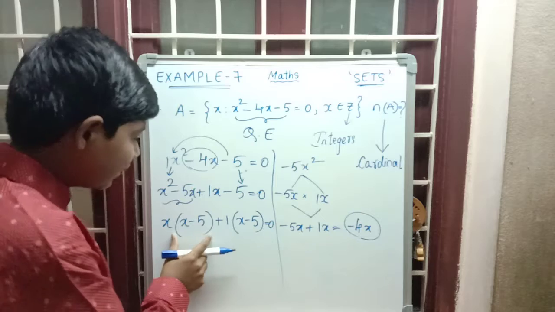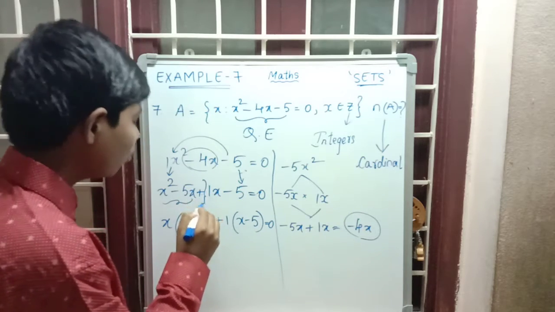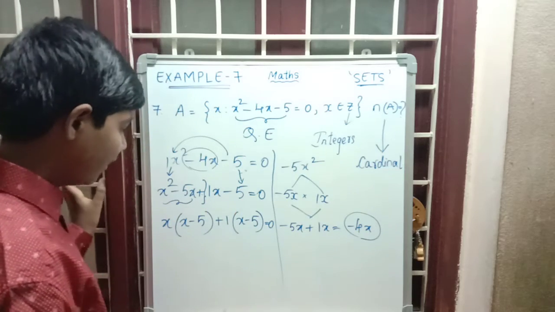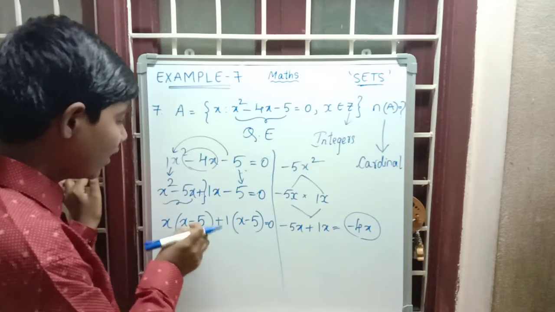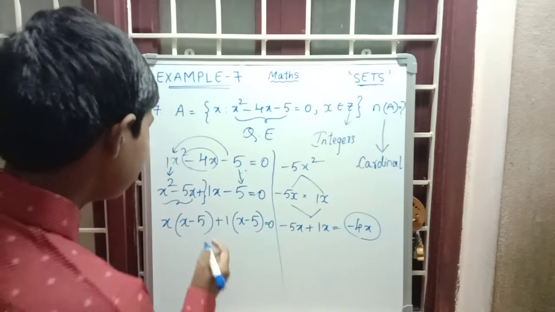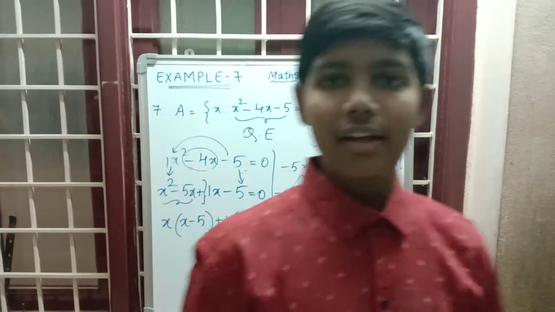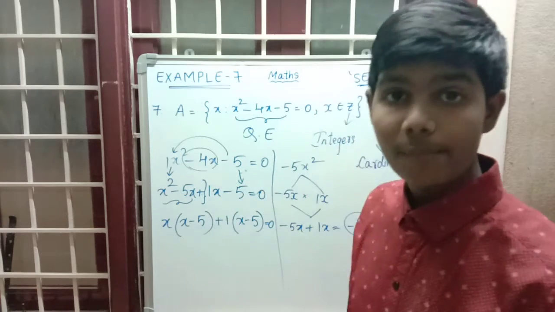Here first we have got x minus 5. So let us think that this is the first part and this is the second part, for our understanding. In the first part we have got x into x minus 5. So in the second part also, in this bracket, there should compulsorily be x minus 5. x minus 5 should come in such a way that we take a number common here.